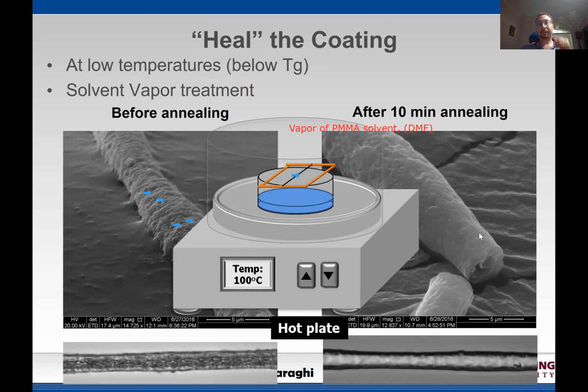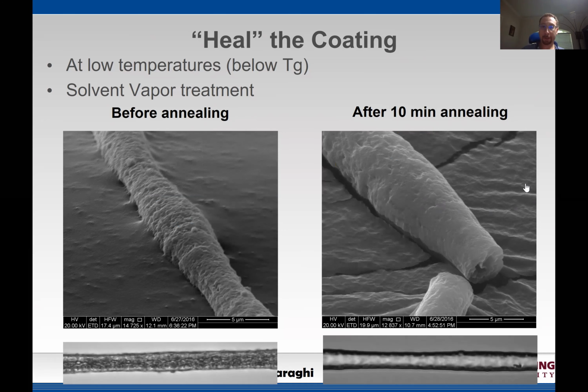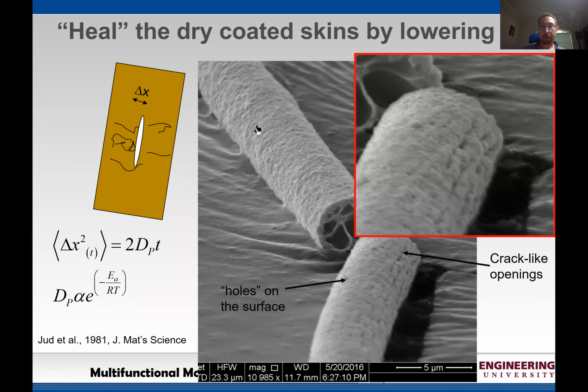And when you look at the modified polymer after treatment with DMF, you see that it is much, much smoother. If I go one slide back, we did not change the temperature. It remained constant, and what changed was the activation energy. We reduced the activation energy.